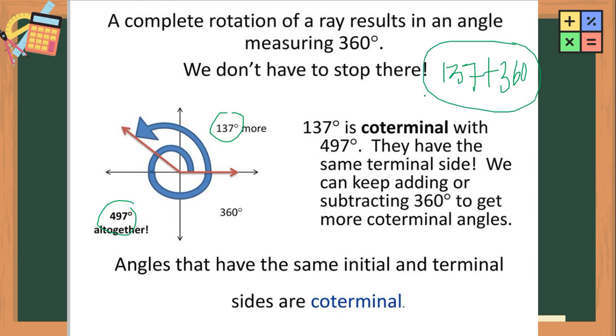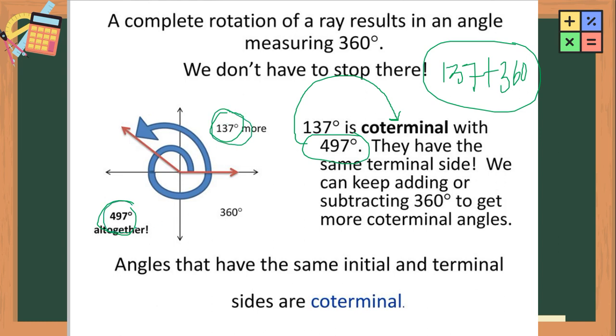What is 137 plus 360? 497. And then, anong tawag sa 497? Coterminal angle.